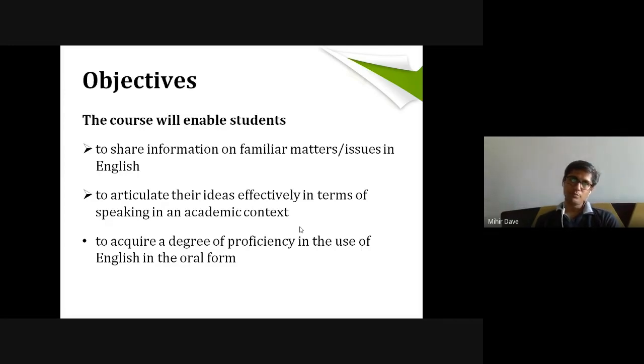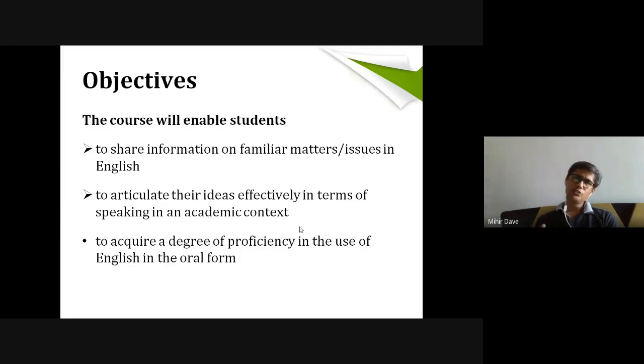So the first objective would be that as students, you'll be able to share the information on familiar matters and issues in English, right? I should also mention, when we say share in English, it also means the formal English, the business English, right? So that's one, that is the objective of this course.